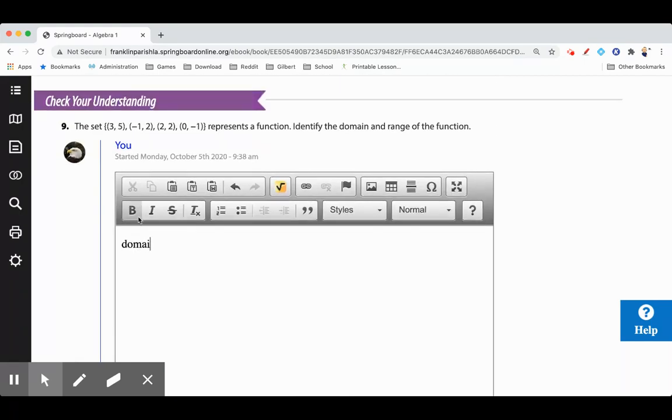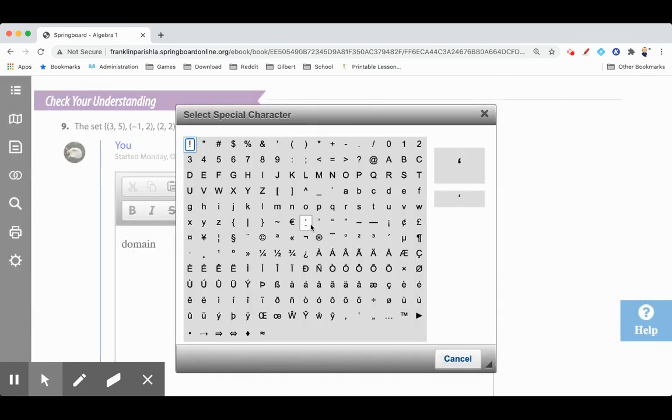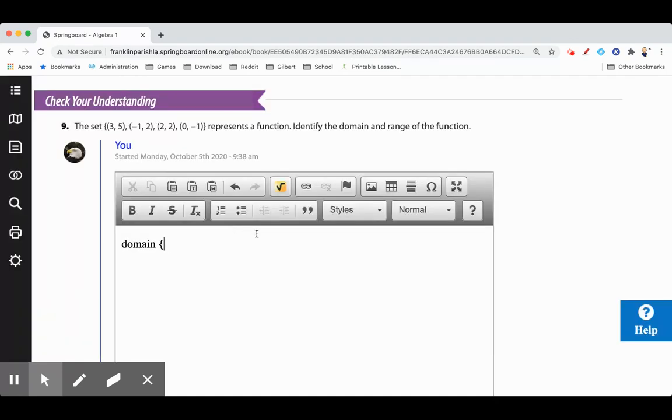Just to remind everybody, the domain is going to be 3, -1, 2, and 0.